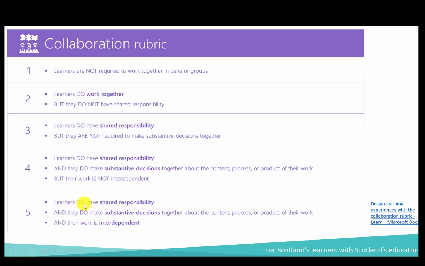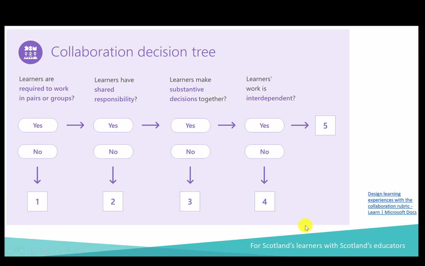So again, we have a 5-step rubric, and at the top end, that shared responsibility, group decisions, and interdependence. So again, we've got our branch. I really like this.